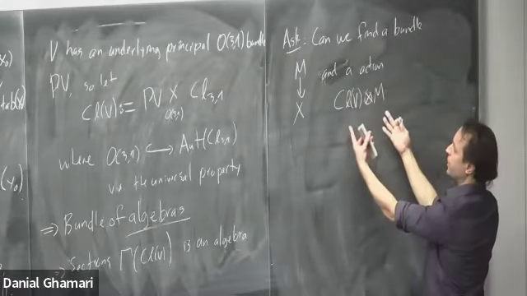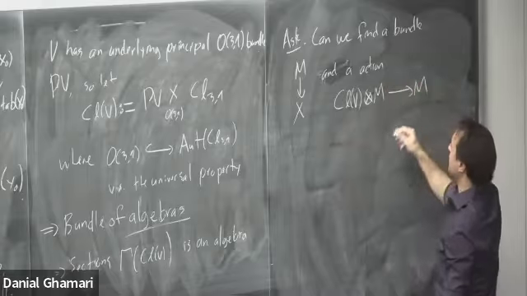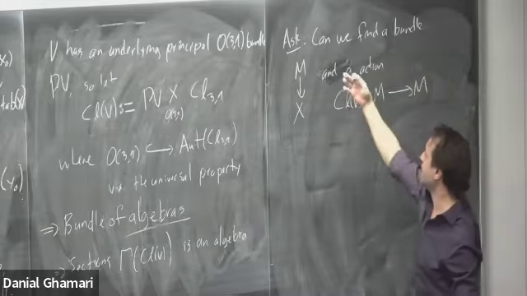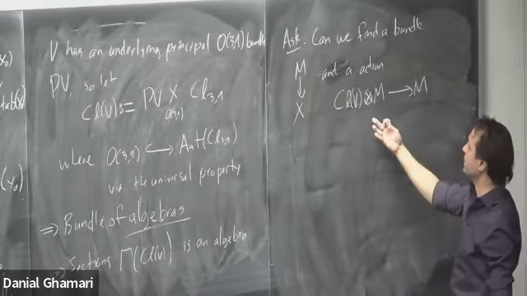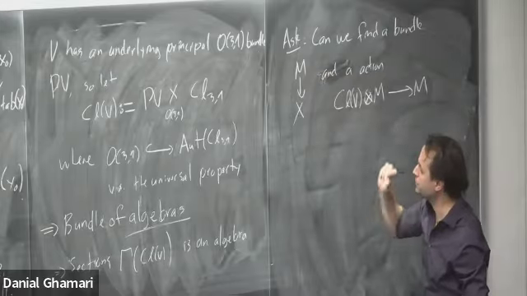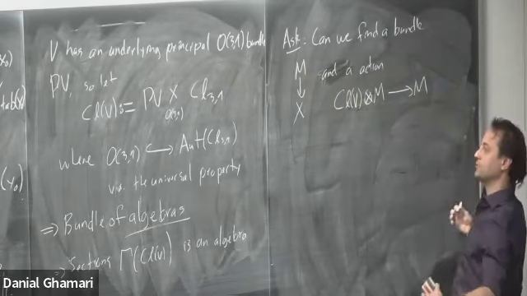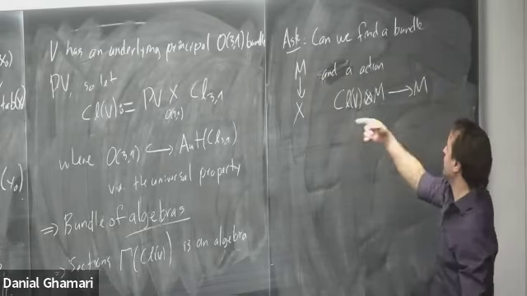So this is the tensor product of two bundles over X. We want to define a module structure on this M as a module over this bundle of Clifford algebras by just declaring that over each point there should be a module action, and these module actions vary continuously. So can we find a bundle and an action?